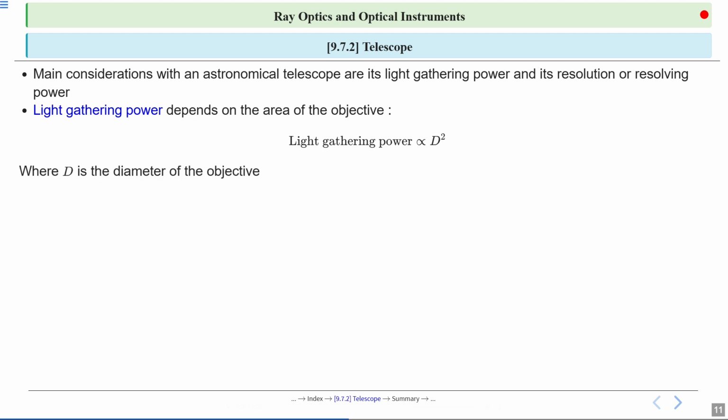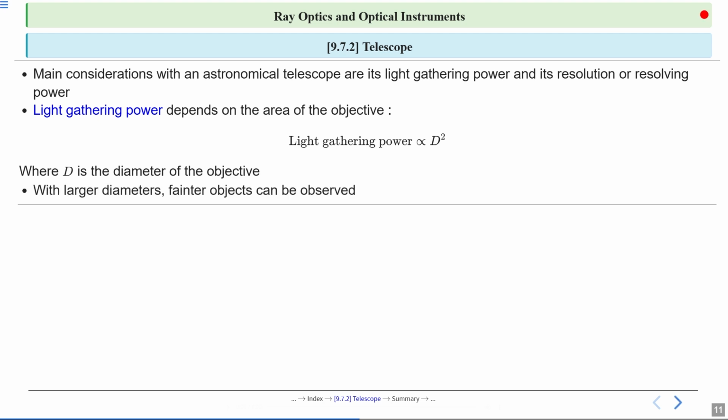A larger diameter allows the telescope to capture more light, making it possible to see fainter objects that would otherwise be invisible. With larger diameters, telescopes can observe fainter objects, which is crucial for astronomers who want to study distant galaxies and stars. This is why many modern telescopes are built with larger objectives to maximize their light gathering capability.